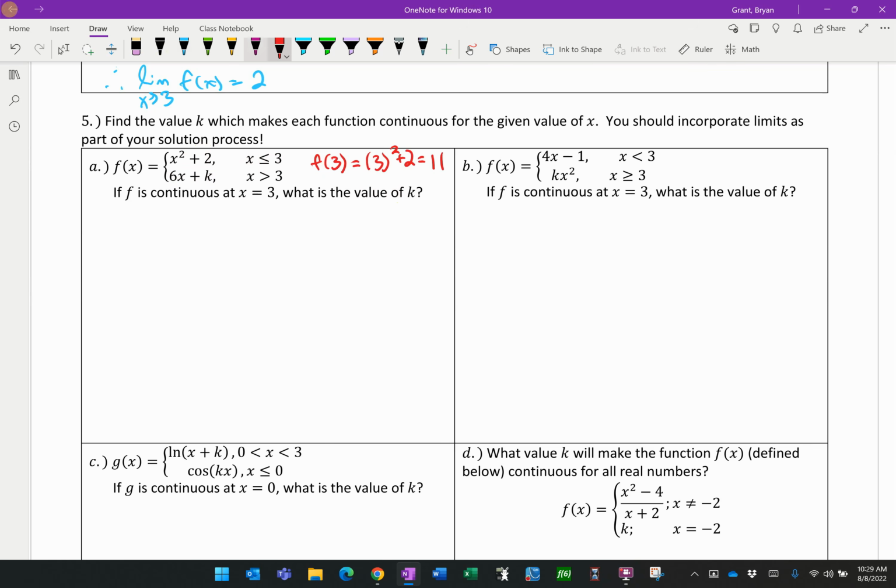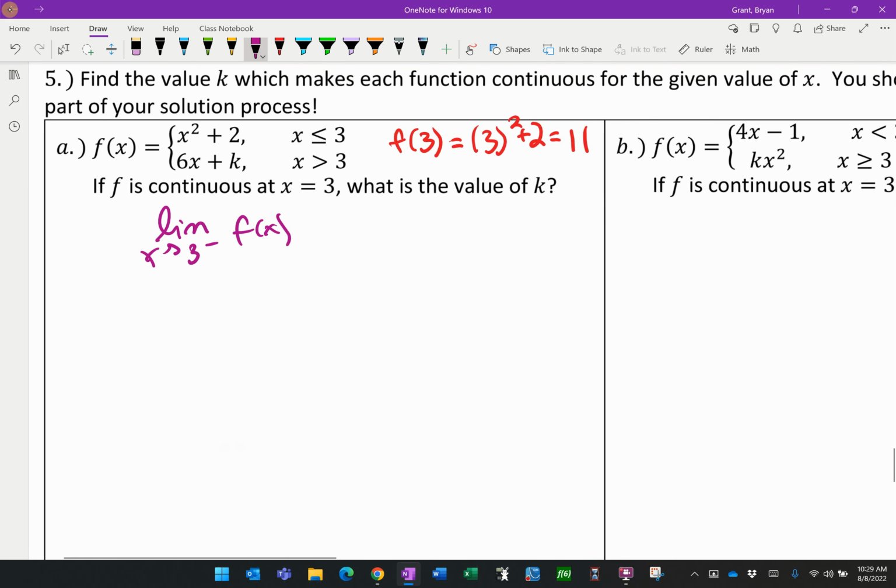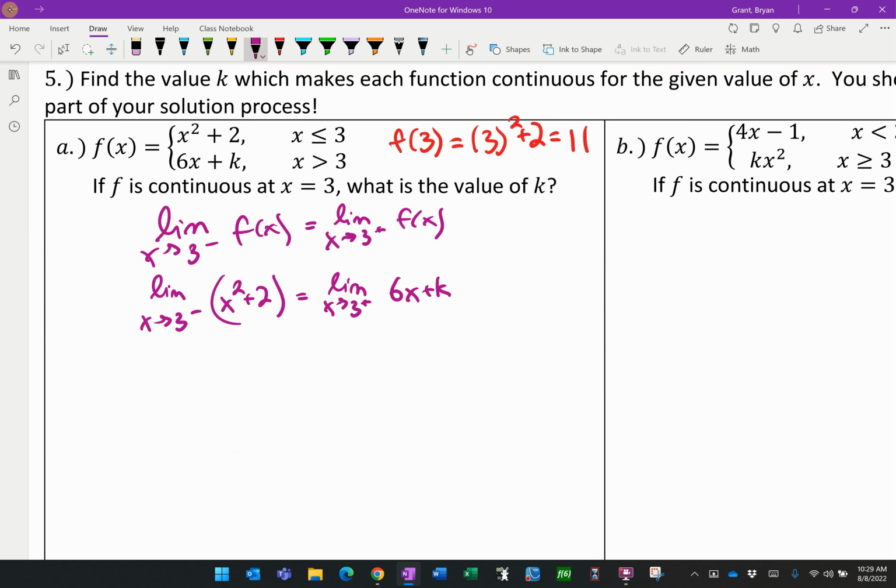And the limit is where I'd like you to focus, shockingly, on your notation. So as x approaches 3 from the left side of f of x, okay, this better be equal to the limit as x approaches 3 from the right side of f of x. Okay, the left side of f of x is controlled by x squared plus 2, and the right side of f of x is controlled by 6x plus k.